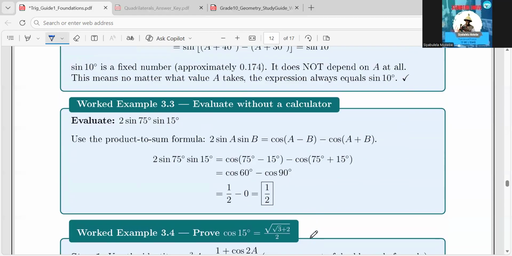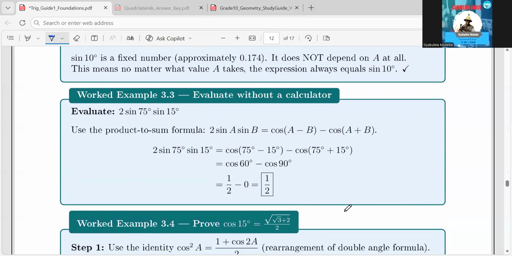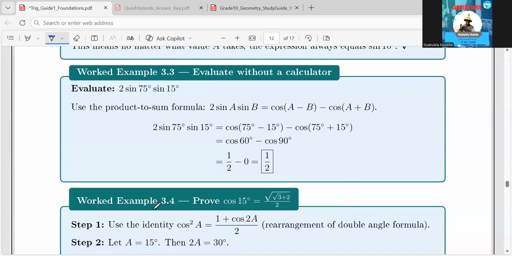Now, prove cos 15 is equal to root 3 plus 2 over 2. You can pause the video and try it. So now, we use the identity cos squared A is equal to (1 plus cos 2A) over 2, which is a rearrangement of the double angle formula.